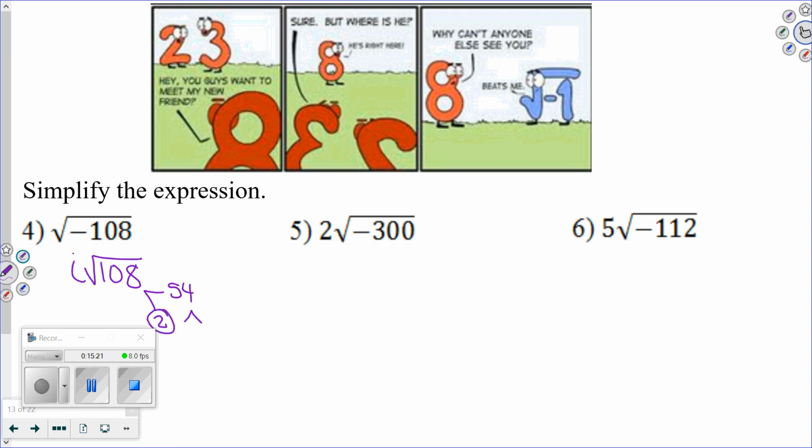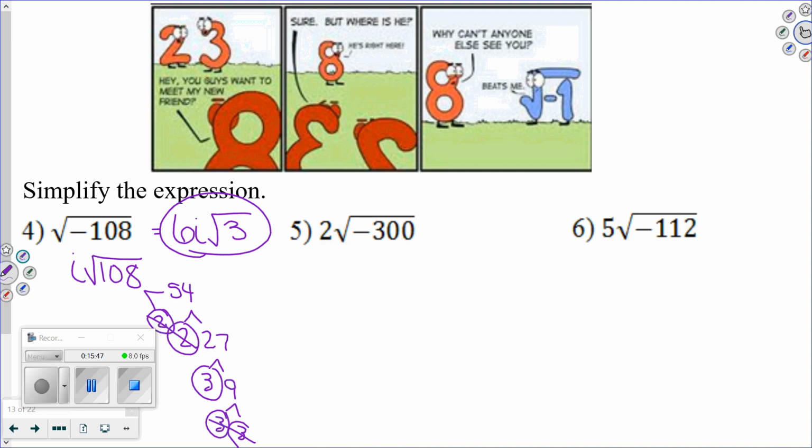You can choose to break that down however you see fit. All right, and then do we have pairs? Yeah, got a pair of 2s and a pair of 3s, which give me 6. Don't lose your i. And a leftover 3. So 6i radical 3.